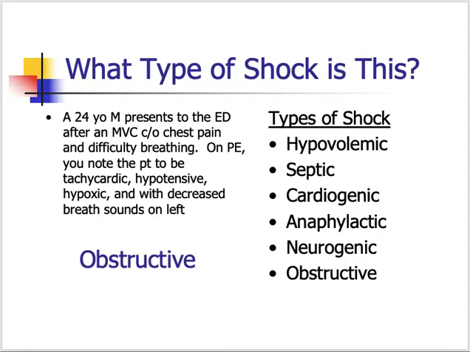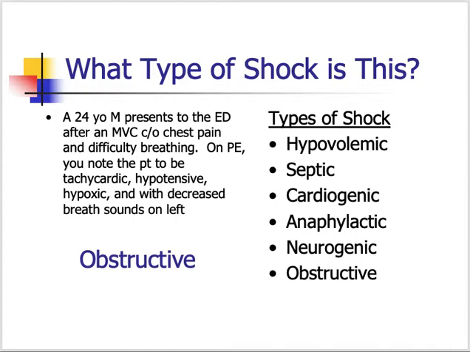What happens in obstructive shock is there is an obstruction on the way of the blood, so the blood cannot flow, it cannot cause cardiac filling, and when it cannot fill the heart, the heart practically cannot pump anything.